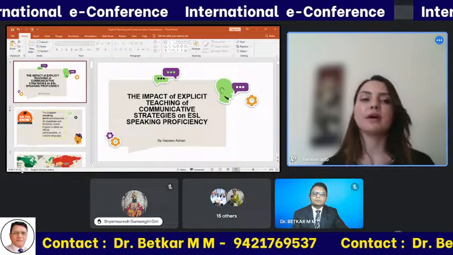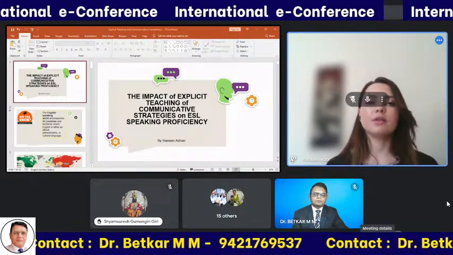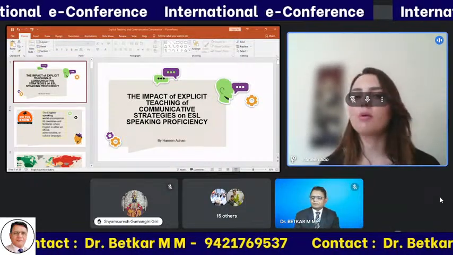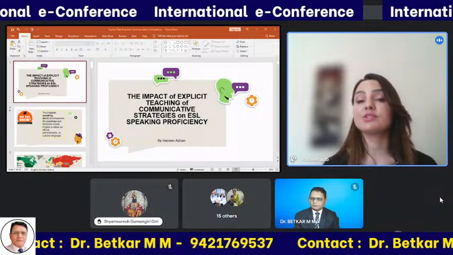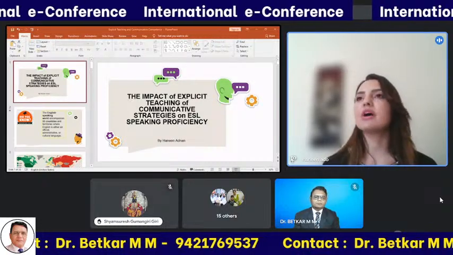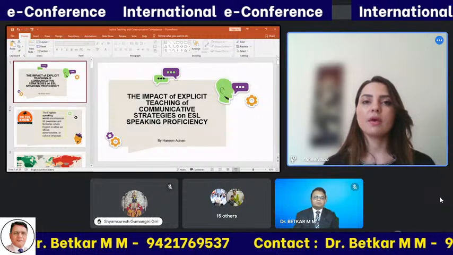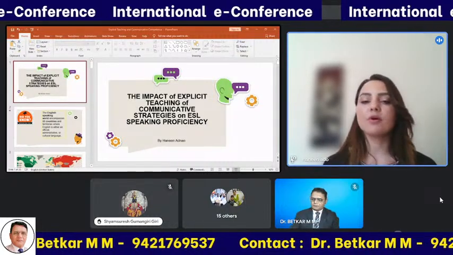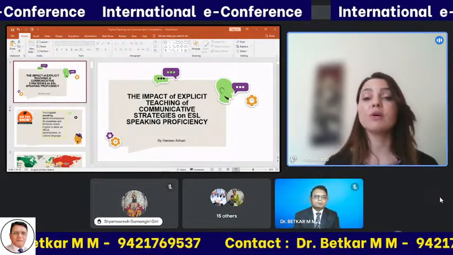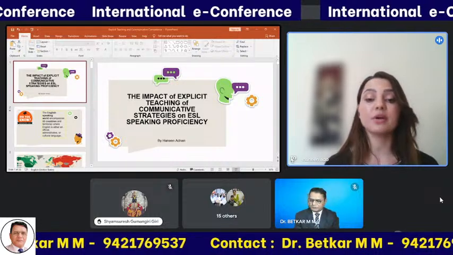I'm going to start with an interesting fact. Did you know that the English-speaking world encompasses 88 countries and territories where English is either an official, administrative, or a cultural language? This is an updated map of the English-speaking countries, and the number is increasing day by day.